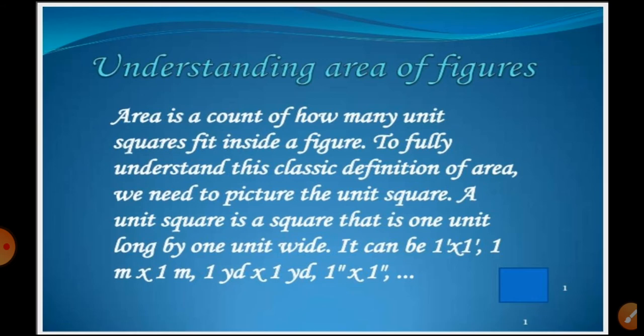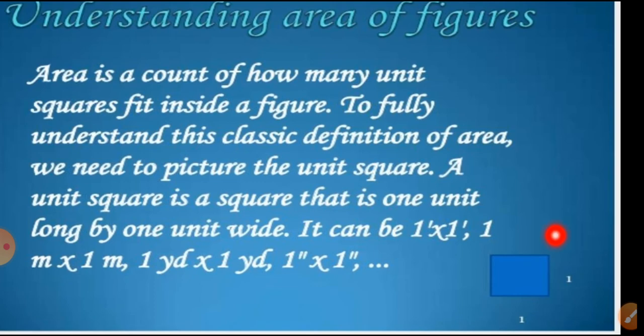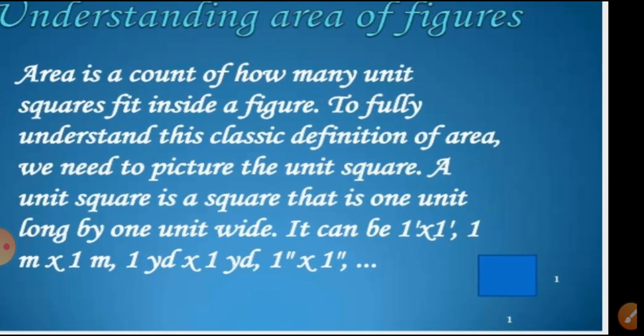It can be written 1 foot by 1 foot or 1 meter by 1 meter like this. See here, this is the example of area. Length is 1 meter and the width is 1 meter.